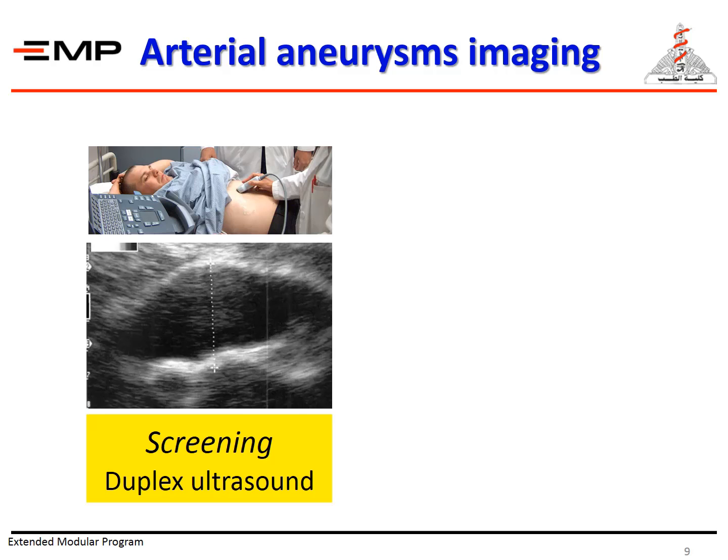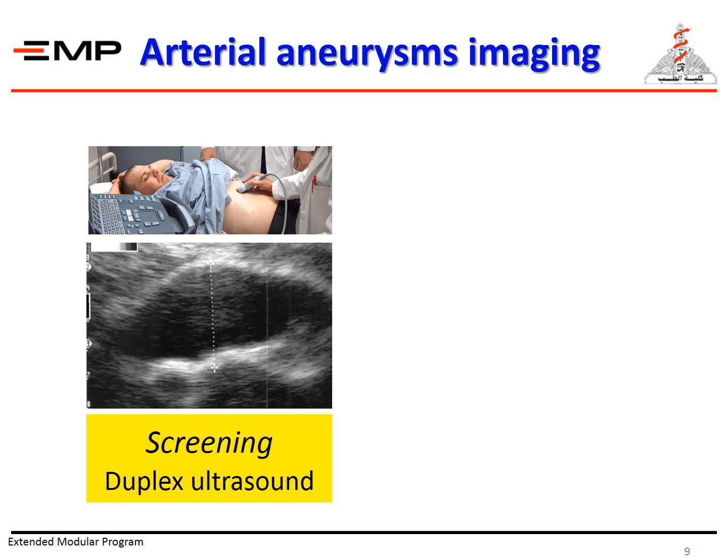Now for arterial aneurysms imaging, and we are talking mainly about abdominal aortic aneurysm. If you suspect that an artery is aneurysmal, that is pathological dilatation of the artery, you can confirm your clinical suspicion by duplex ultrasound examination. The picture shows a duplex ultrasound examination, which is a non-invasive investigation used for patients screening.